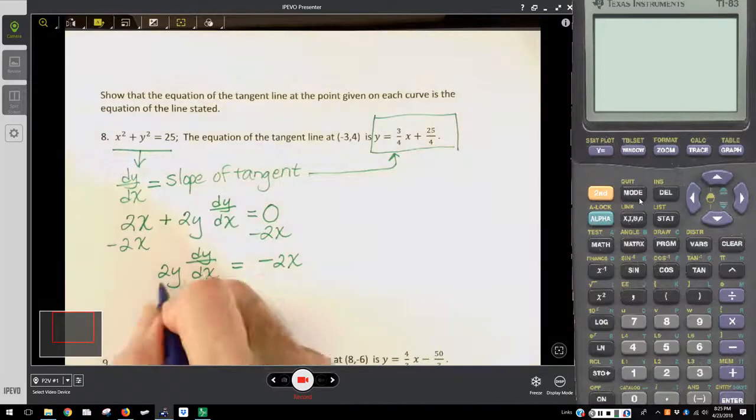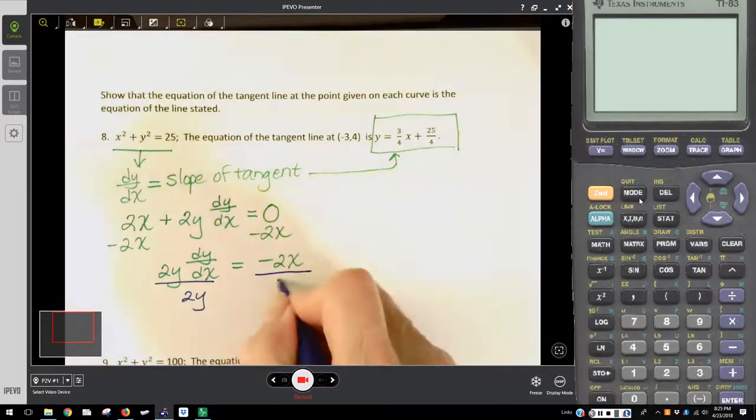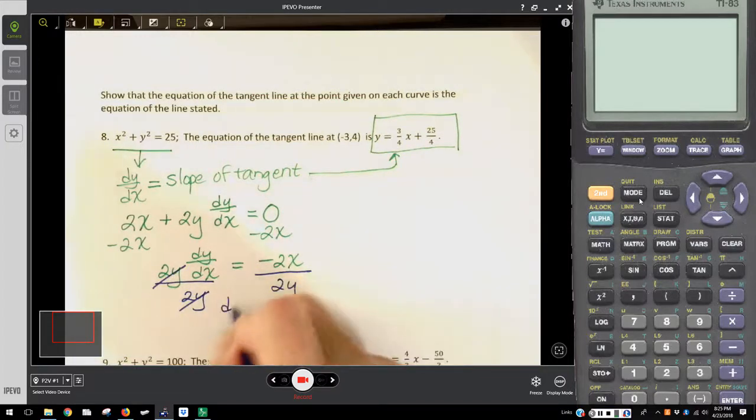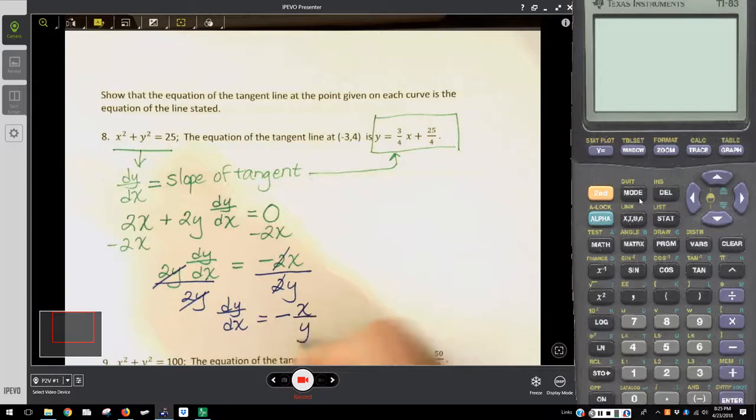Then we'll divide both sides by 2y, which will leave us with just dy dx is equal to, 2 cancels 2, but the negative sign stays, so it's negative x over y.